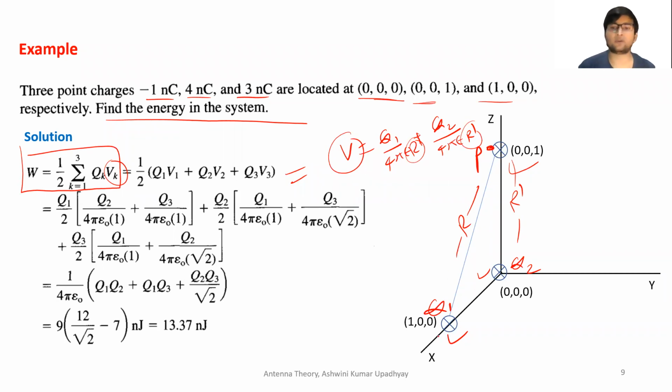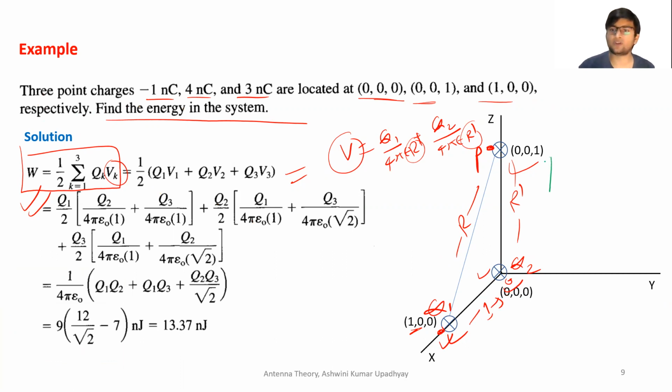Similarly, you have to calculate the voltages at all these 3 points because of the other 2 charges. This is how you will put all these values. And what is the distance between this point, this and this? It is very simple: you are moving in the x direction by a value of 1, so this distance will be 1.